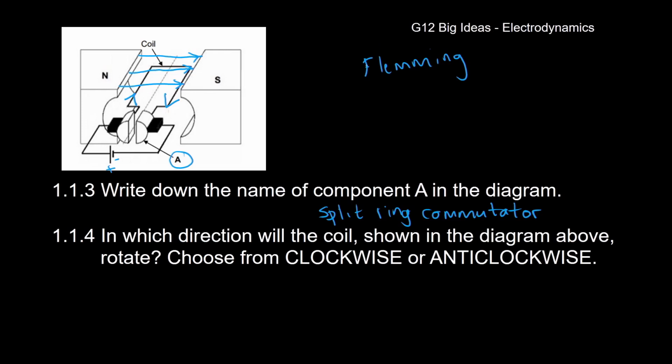So we've got an L and an E in that word, and so that tells me that it's the left hand that I need to use. I'm going to start off using this one. So the left-hand Fleming rule, it's a motor rule. What are these fingers doing?